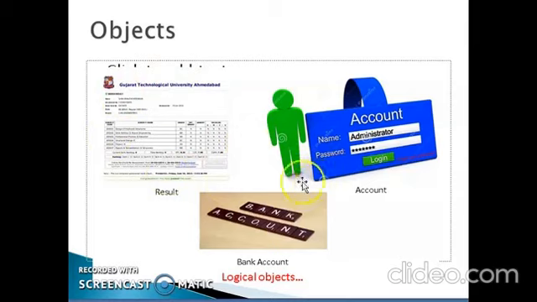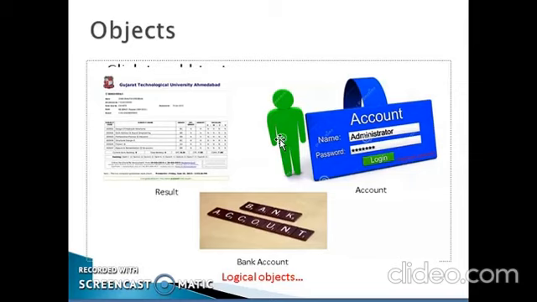Also, if I hold a bank account, that bank account is also an object. What type of object is that? It's a logical object. Also I can hold an account in social media, or an account in my email. All these accounts that I'm holding are referred to as objects. So objects can be physical, objects can be logical.